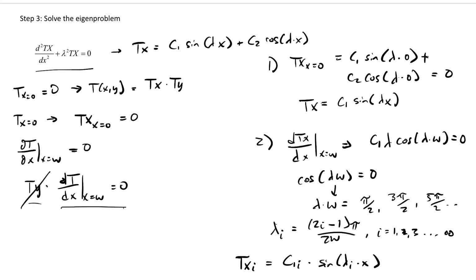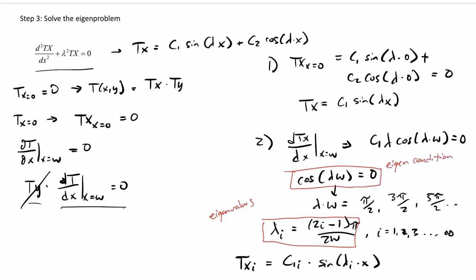So what we have here are the eigenvalues. The condition that gets us those eigenvalues is called the eigencondition. And the original function that we use to enforce this is called the eigenfunction.